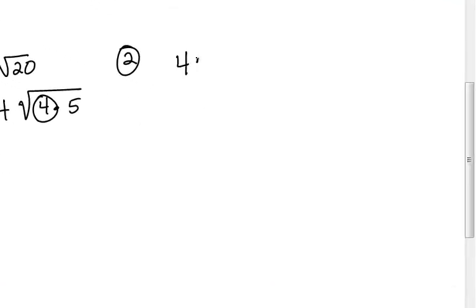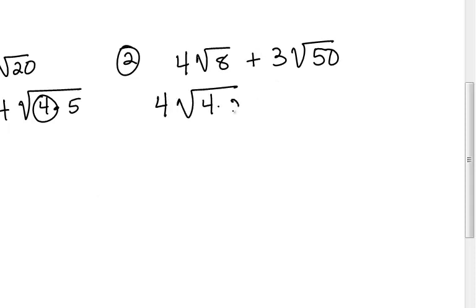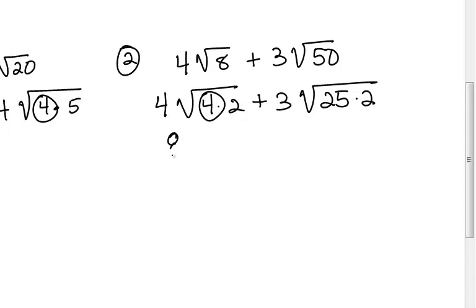So you have 4 radical 8 plus 3 radical 50. Inside 8, yep, 4 and 2, and inside 50, yep, 25 and 2. Out of this we can take out 2, so you'd have 4 times 2 would be 8 radical 2.